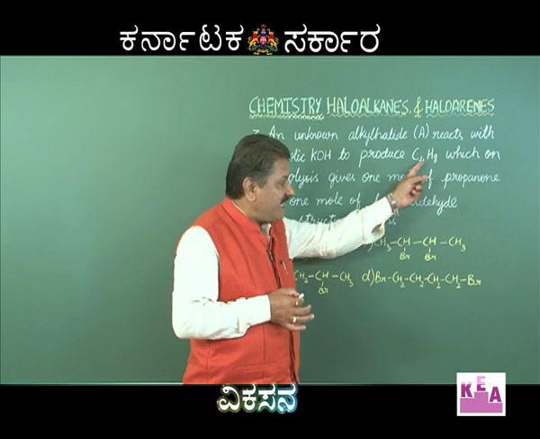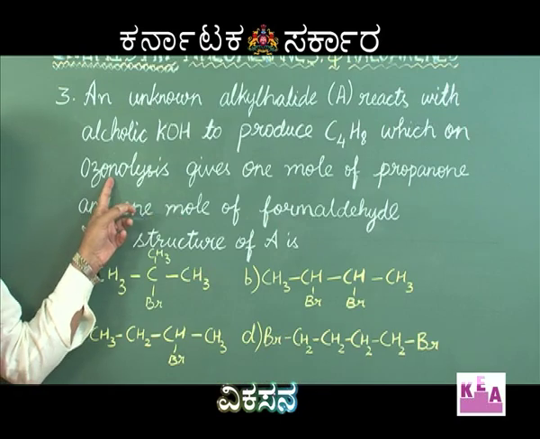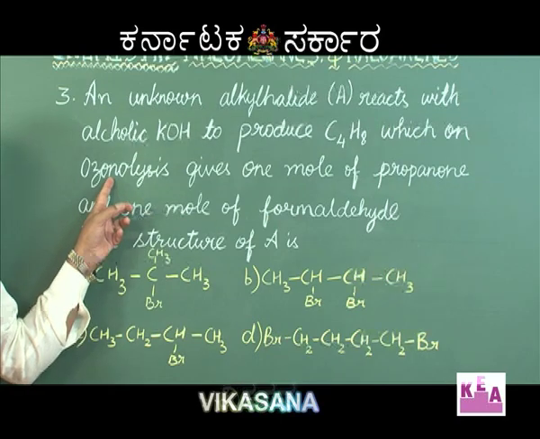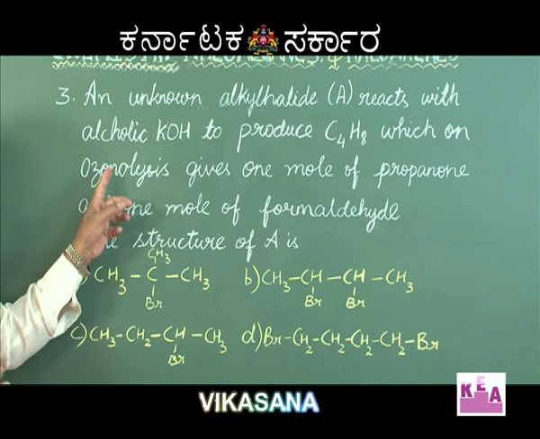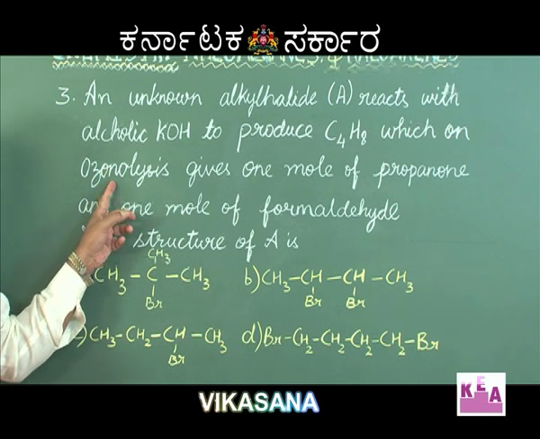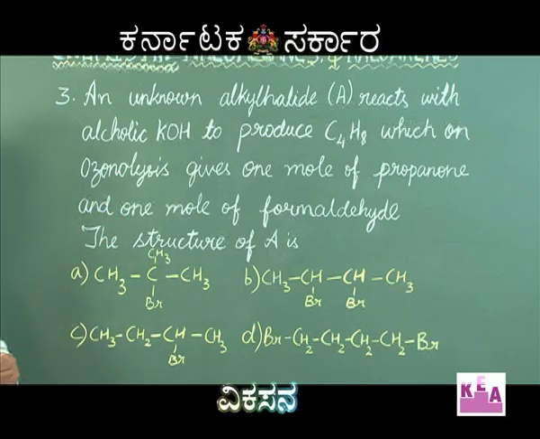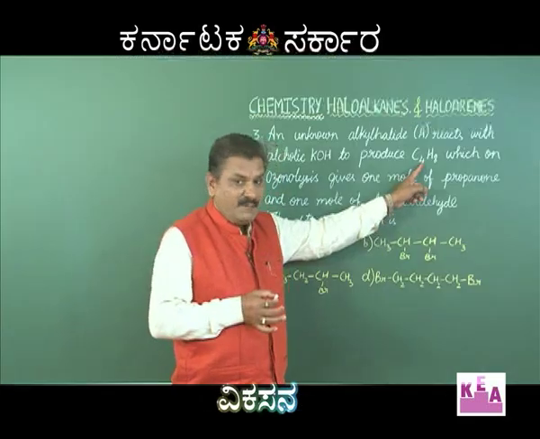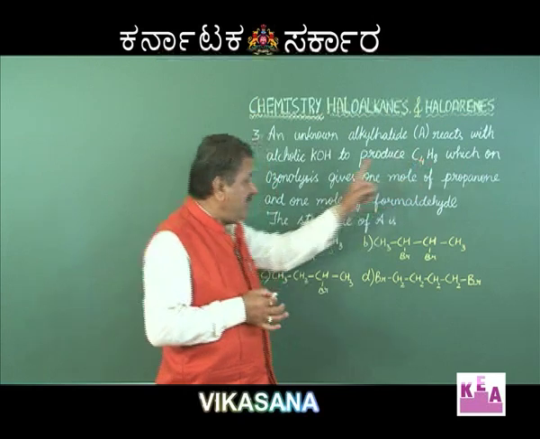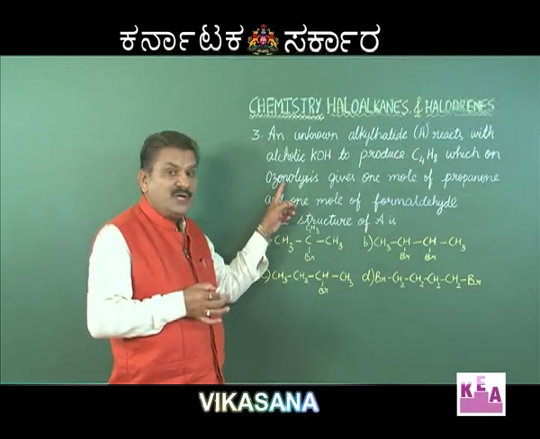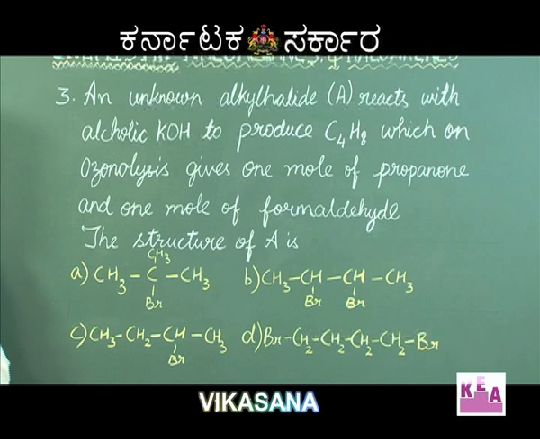And the second part of this question is related to aldehydes and ketones. We know that aldehydes and ketones are obtained by ozonolysis of alkenes. We have an alkene here. This alkene undergoes ozonolysis. Look at the products of the ozonolysis: 1 mole of propanone and 1 mole of formaldehyde.